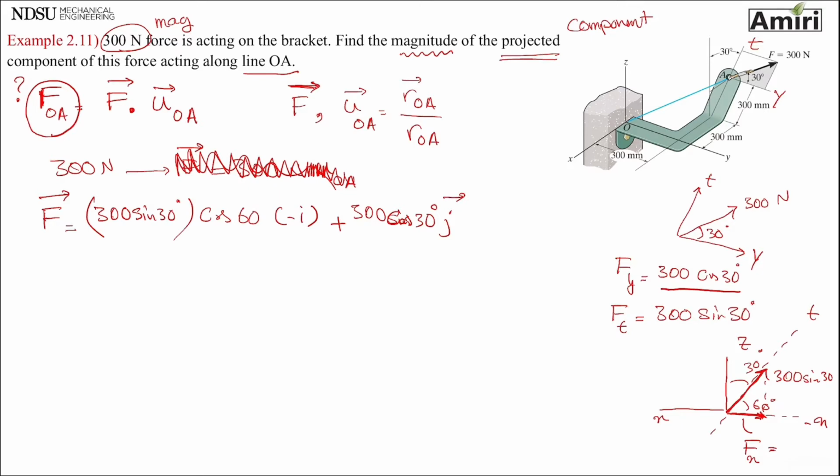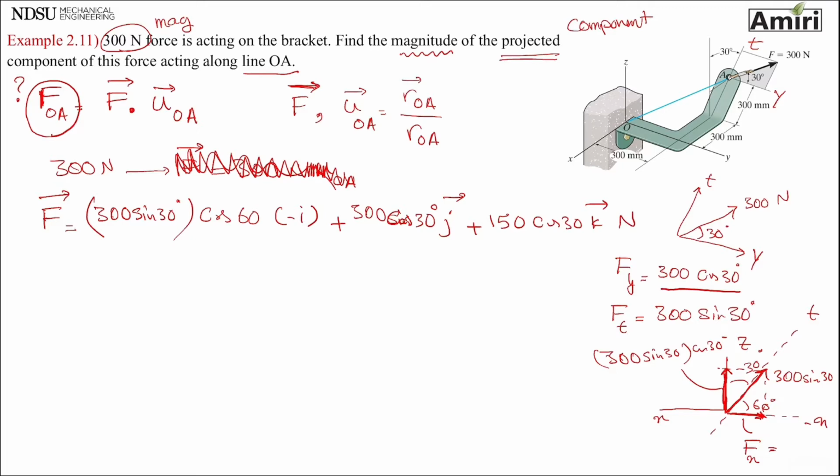And F of z, which is this component right there, is 300 sine 30 multiplied by cosine of 30. In other words, it's 150 cosine 30, and that is k, and this is newtons.